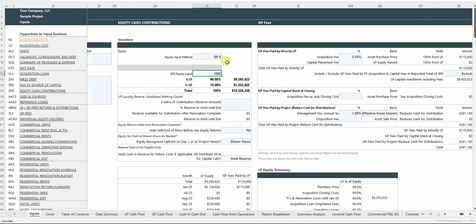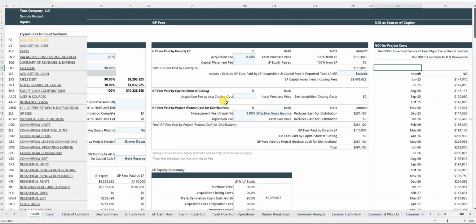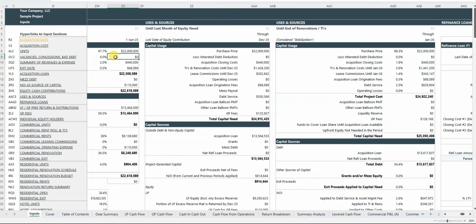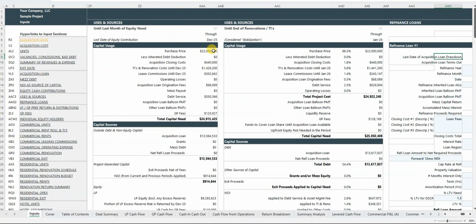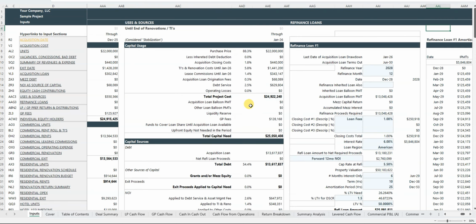I'm going to say, no, the LP is going to put in 90%. And just do it that way. And it shows me right there. There's a variety of GP fees that can be charged, say an acquisition fee, a capital placement fee, management fee, disposition fee, and so on. There's different ways of looking at uses and sources, for example, at the closing table versus through the end of your renovation and so on.